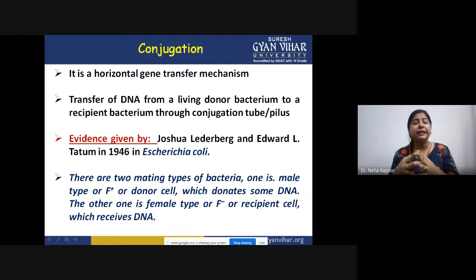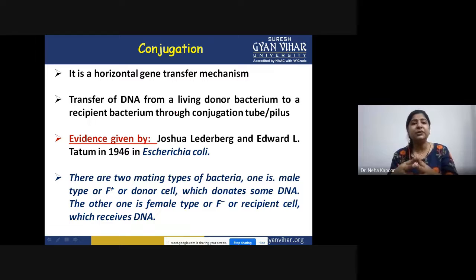First point is, it is a horizontal gene transfer mechanism. That means genes are transferred horizontally, in which DNA is transferred from a living donor bacteria to a recipient bacteria through the formation of a conjugation tube, or you can call it pili. However, from where did we get the evidence that bacteria use this mechanism to form a recombinant cell, or to transfer DNA from one organism to another?